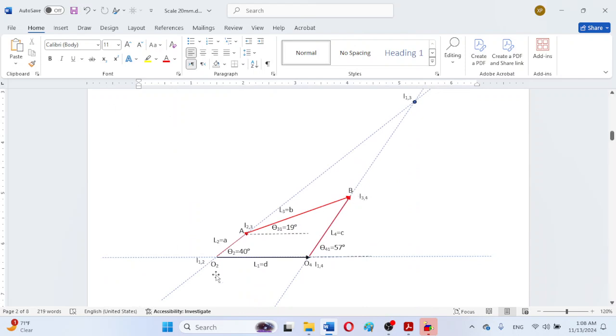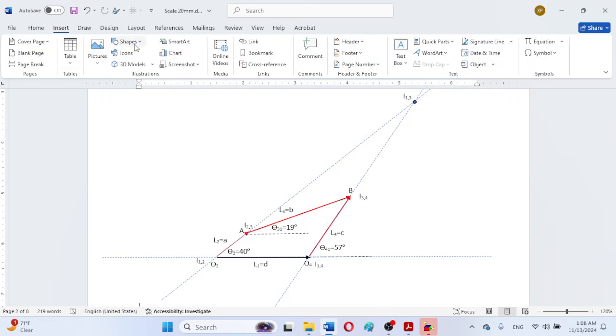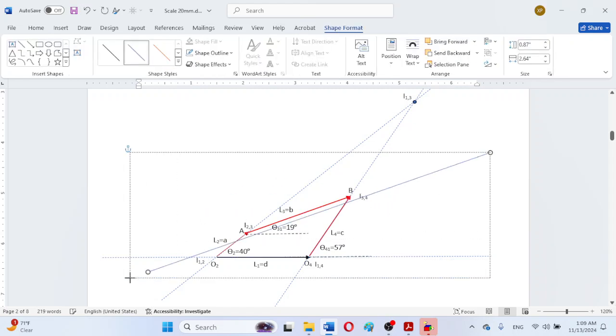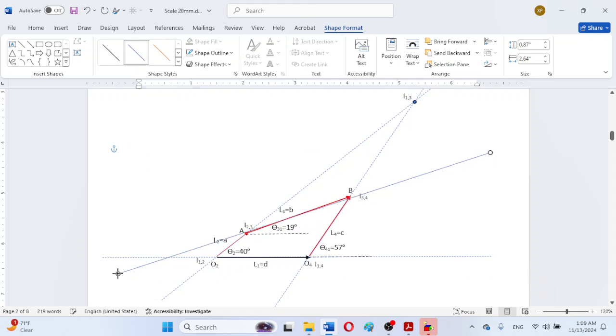So we can independently draw another line here like this, exactly collinear or overlapping, as collinear as possible.